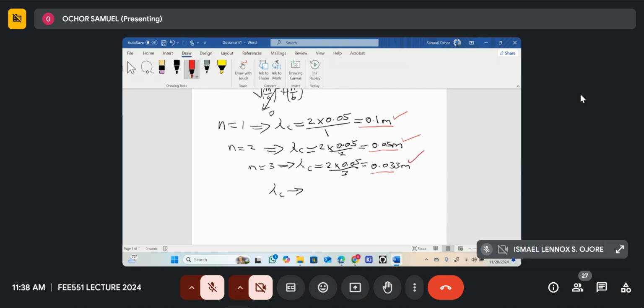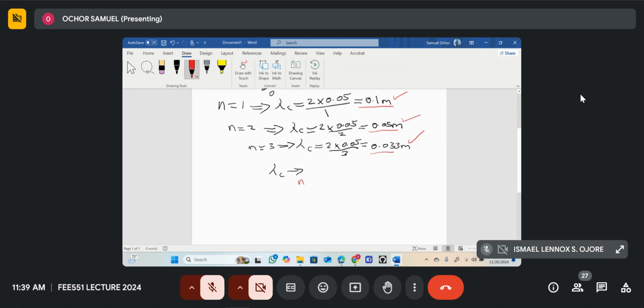So we go to n is 4. Lambda c is given by 2 times 0.05 over 4, and it gives us 0.025 meters. Here we see that the cutoff wavelength when n is 4 is less than the free space wavelength, so it does not propagate.